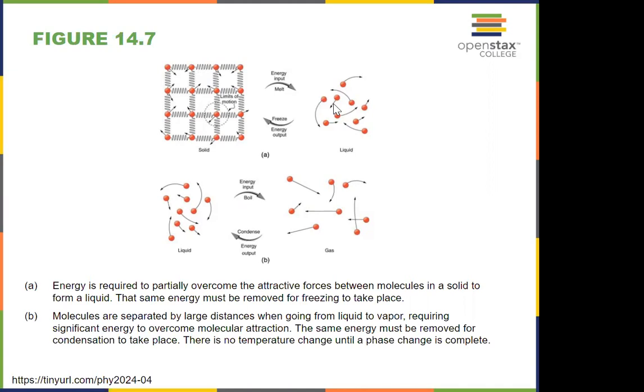In the reverse process, you take out heat to become a more confined structure. Similarly, going from liquid to gas, gas is even more disordered than liquid, so you need to add energy to break some of the bonds to become gas. In the reverse process, you release some energy so it becomes a more confined structure.